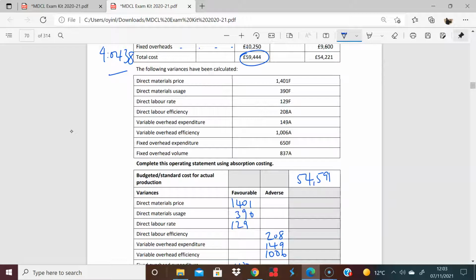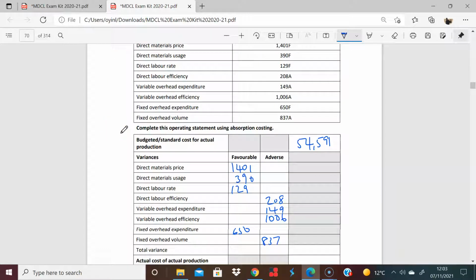So I'm going to add all these together now. 1401 plus 390 plus 129 plus 650 takes us to 2,570.